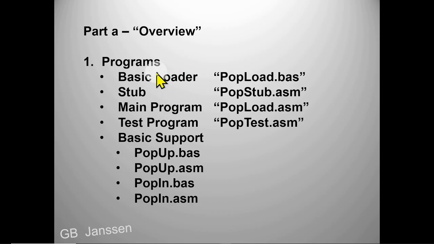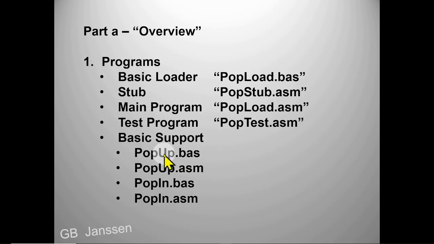And last but not least, at the very end, we'll look at the BASIC support. BASIC takes a little bit of extra coding because from a BASIC program, you cannot directly access the stub or main program. So we have to have a very small, almost another stub that BASIC can talk to through the USR system within BASIC.